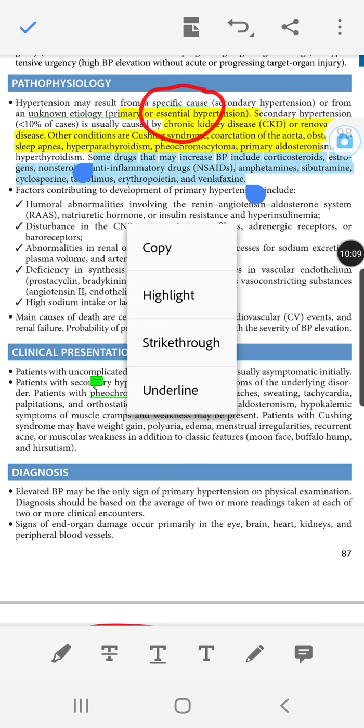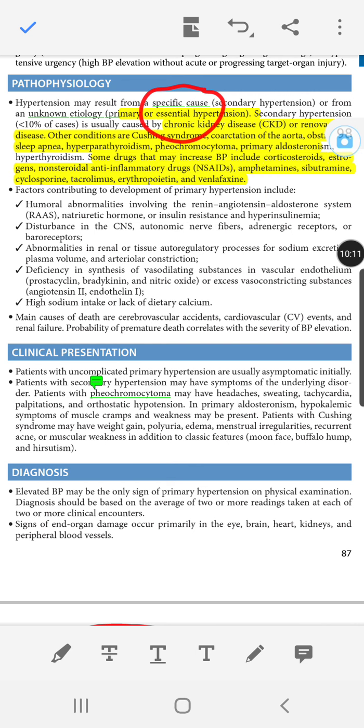So they have to check and keep an eye on the blood pressure when they are taking such kinds of medicines like corticosteroids, estrogen, NSAIDs, non-steroidal anti-inflammatory drugs. So there is a drug interaction between the blood pressure and NSAIDs.